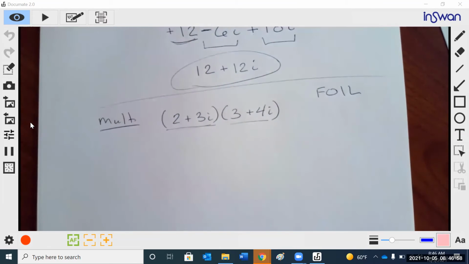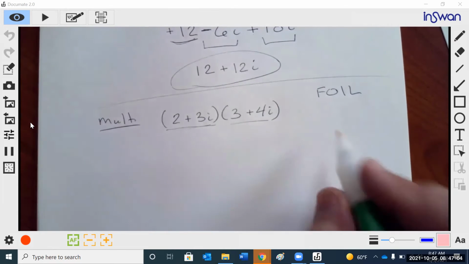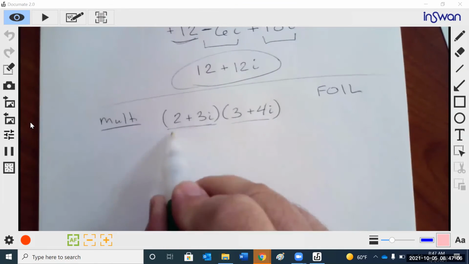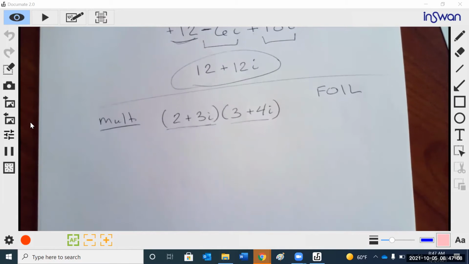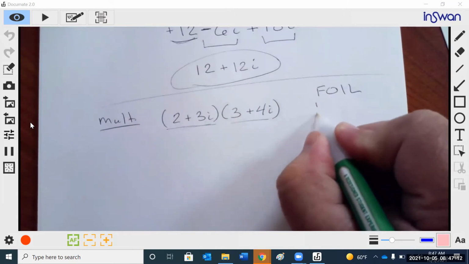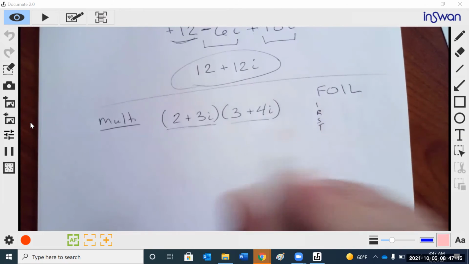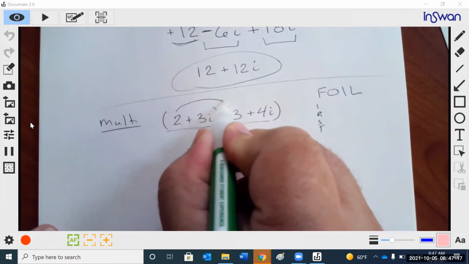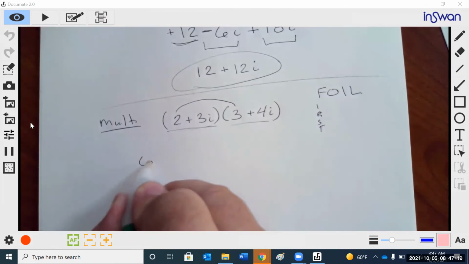Anybody remember the FOIL method? High school? FOIL method only works when you have two terms times two terms, binomials times binomials. F stands for first, the first terms in each. 2 times 3 is 6.